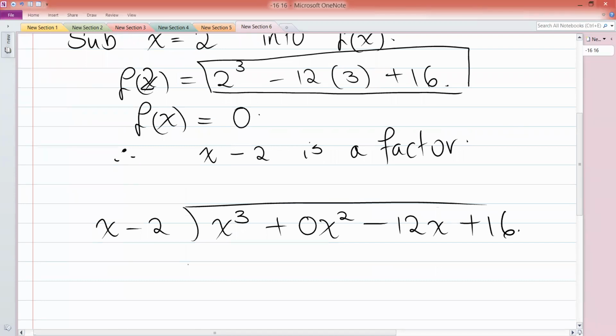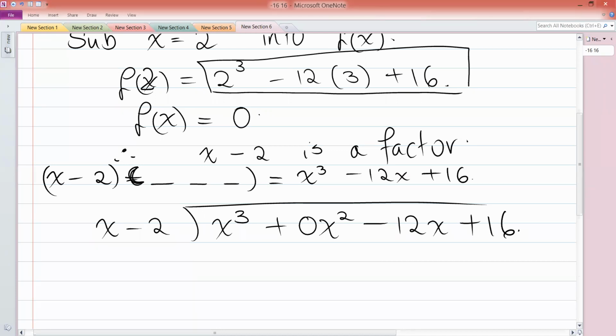You don't have to do this entire process of dividing, because if x minus 2 is a factor, you know you're going to multiply it by something that has 3 terms. That will then give you x to the power of 3 minus 12x plus 16. So what do I need to multiply x by to give me x to the power of 3?